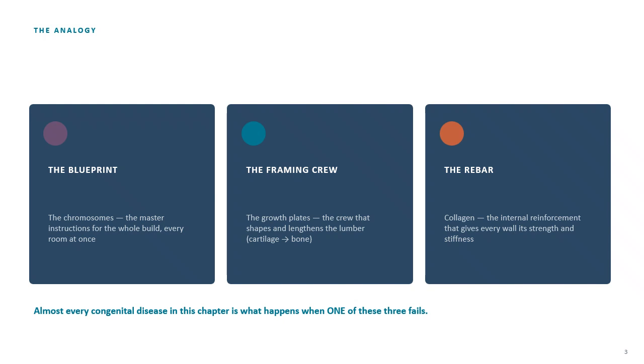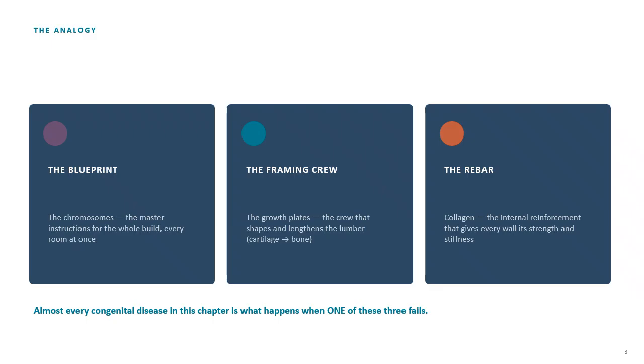So the blueprint itself is going to represent the chromosomes. Chromosomes, as you probably learned in high school or in your A&P courses, contain the instructions that will guide development throughout the entire body.